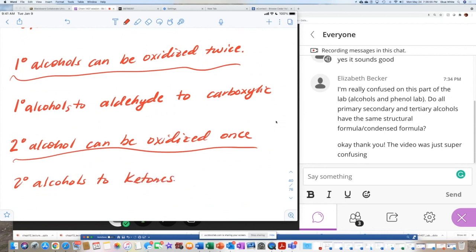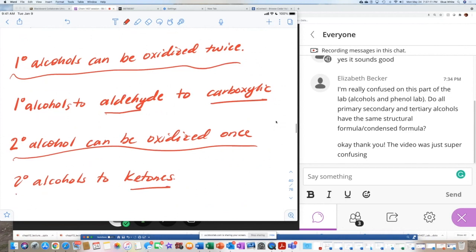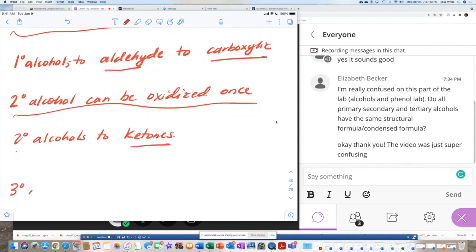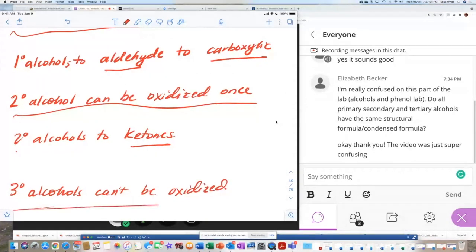And I'll show you how the structure makes it possible for you to tell which one can undergo the next level of oxidation. Primary can go through two steps, first to aldehyde, then to carboxylic acid. Secondary to ketones. Tertiary cannot be oxidized. Okay? So this is the bottom line. They cannot be oxidized at all.